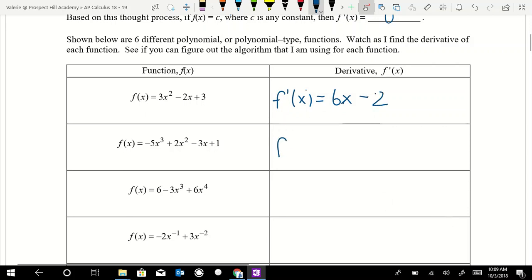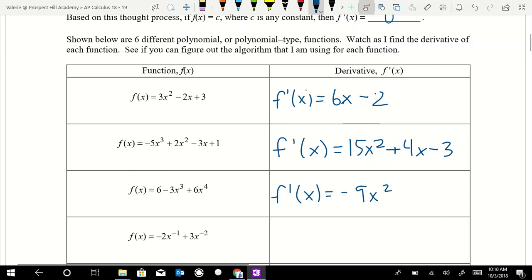For the next, f prime of x equals 15x squared plus 4x minus 3. For the next, f prime of x equals negative 9x squared plus 24x cubed.